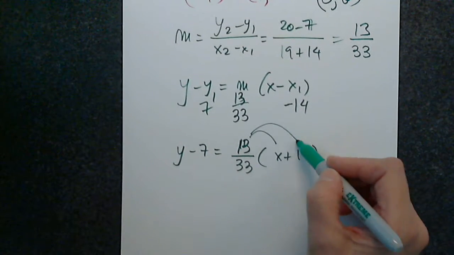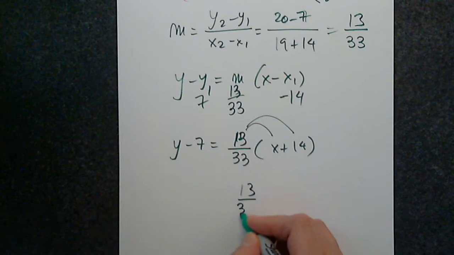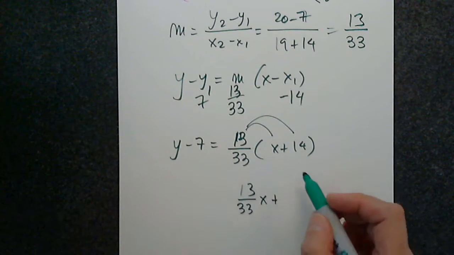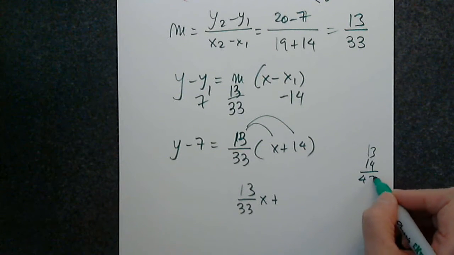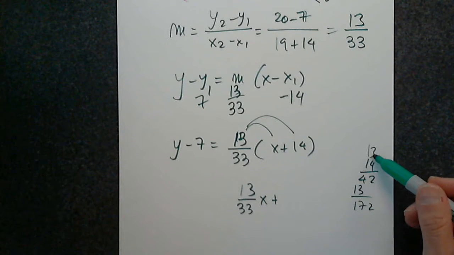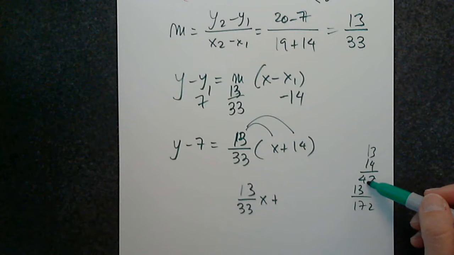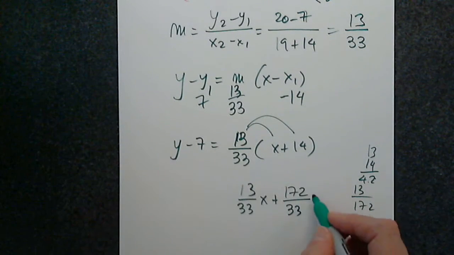I have to distribute to these two terms. So I have 13 over 33x plus 13 times 14. So that's 42 and 13. So I got 172. Correct me if I'm wrong. So I got 172 divided by 33, and then I have to bring 7 over.